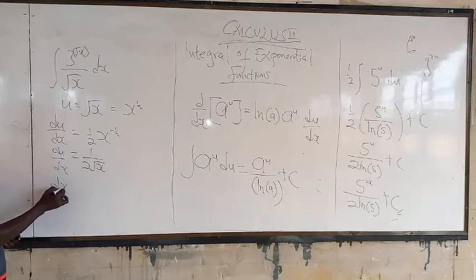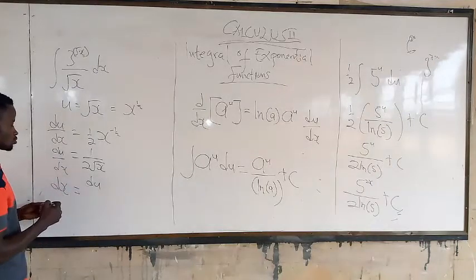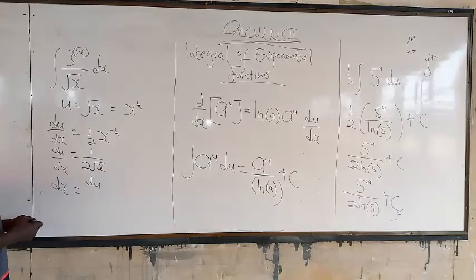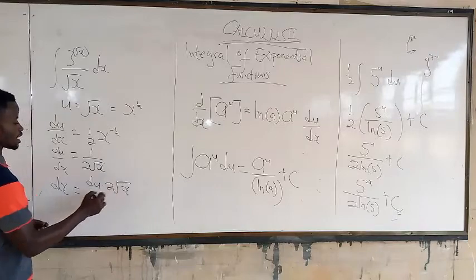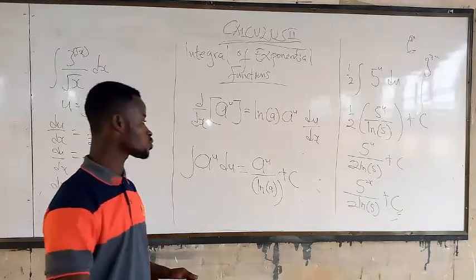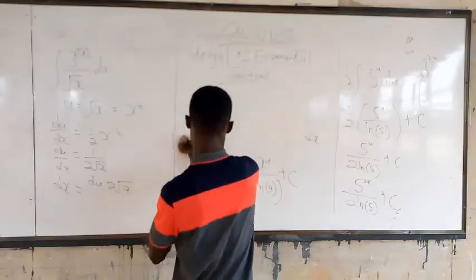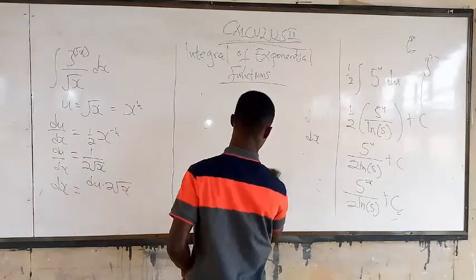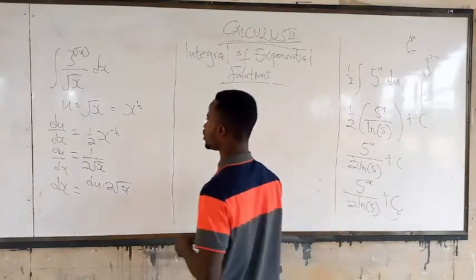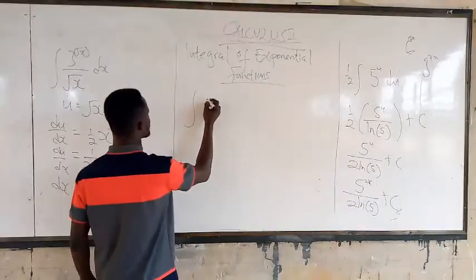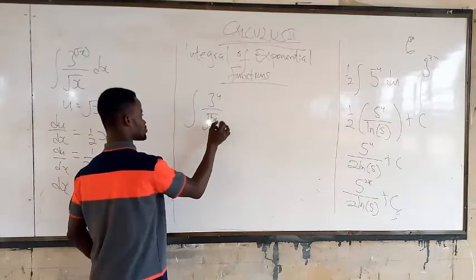So to make ds the subject, you get du multiplied by 2 square root of s. So let's go and do substitution. By substitution, we are going to get integral of 3 raised to the power u over square root of s.